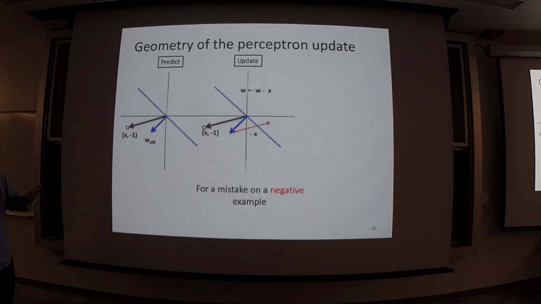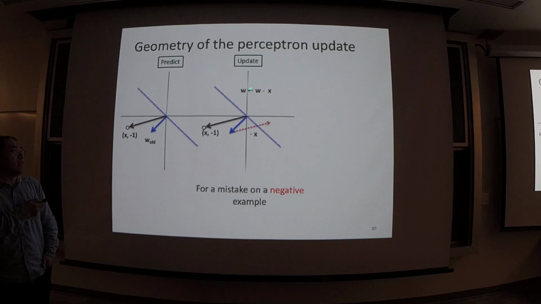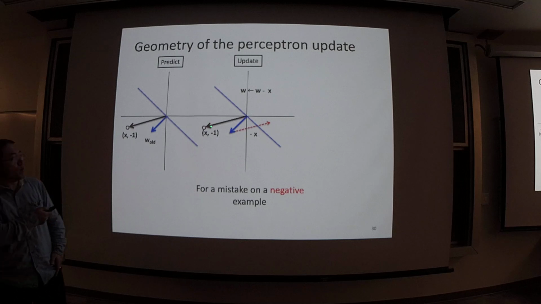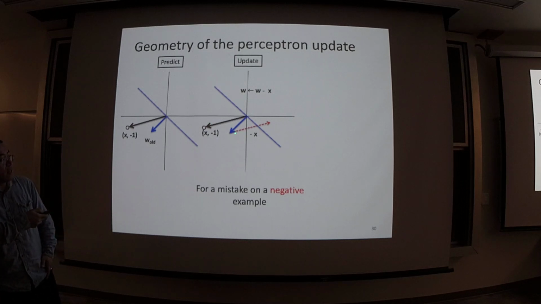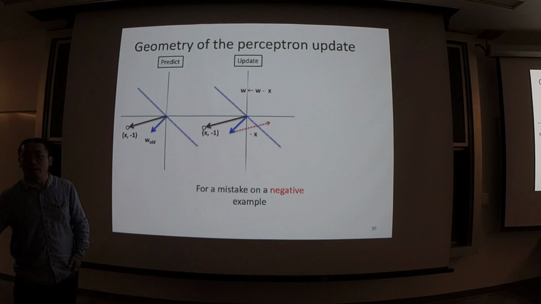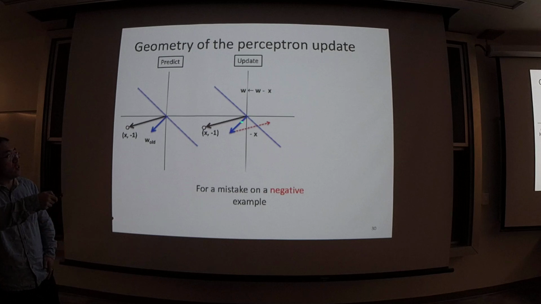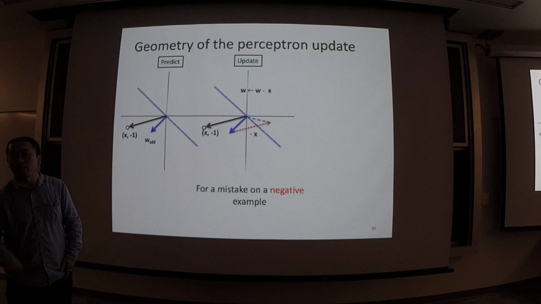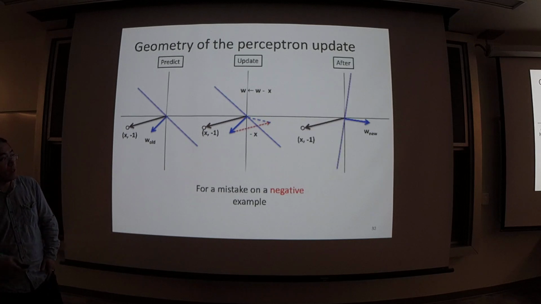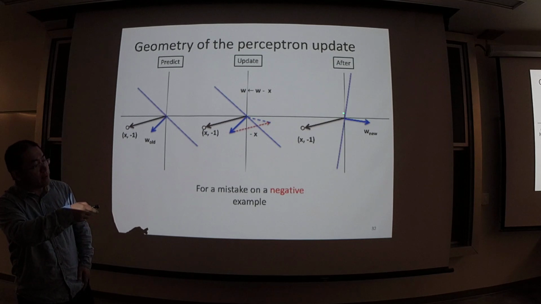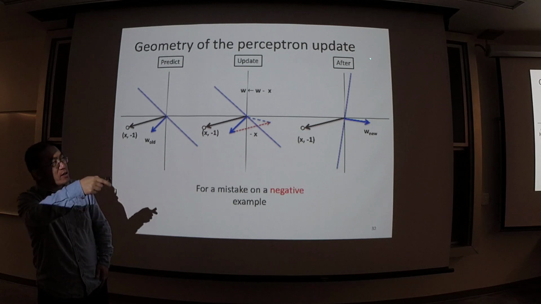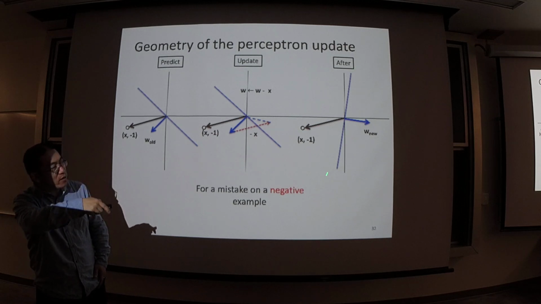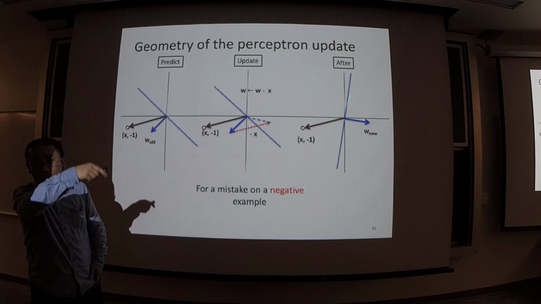And again, this is equal to adding w to minus x, vector addition. So I'm going to move minus x such that its start coincides with the end point of w, and then we just connect the start of w and the end of minus x. I end up with my new weight vector. It points in this direction, so my classification boundary, which is perpendicular, looks like this.